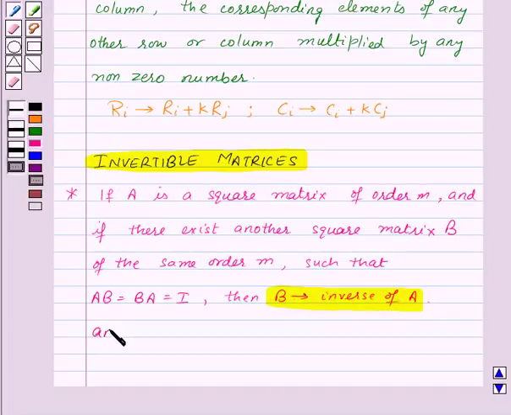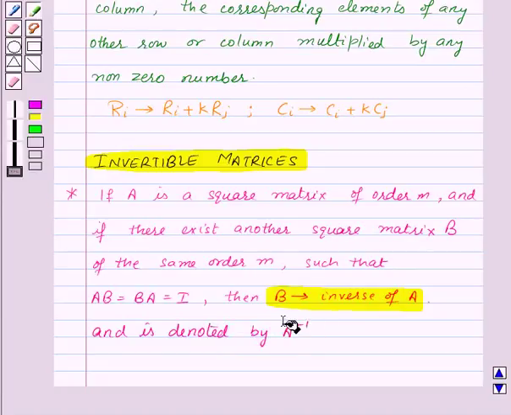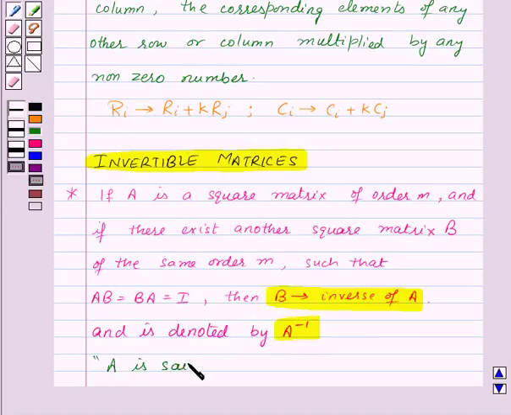And it is denoted by A inverse. In this case, A is said to be invertible.